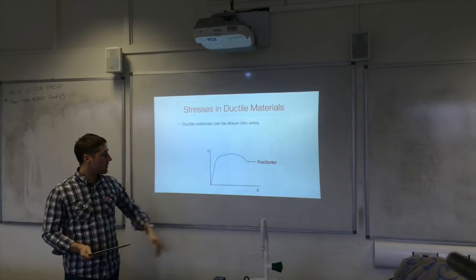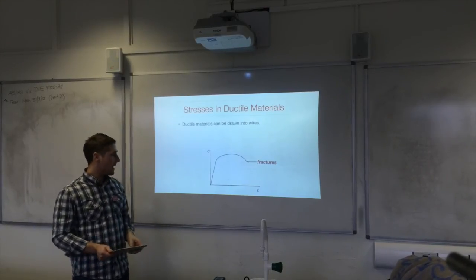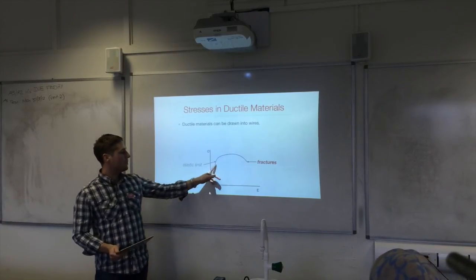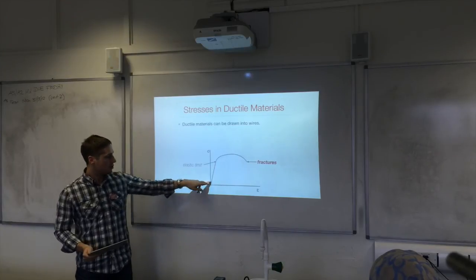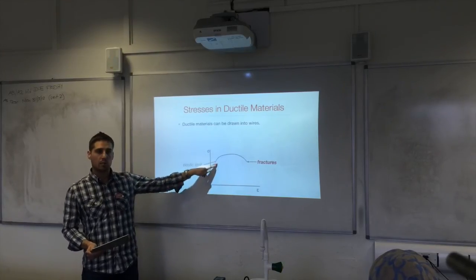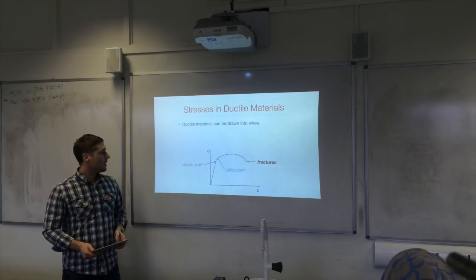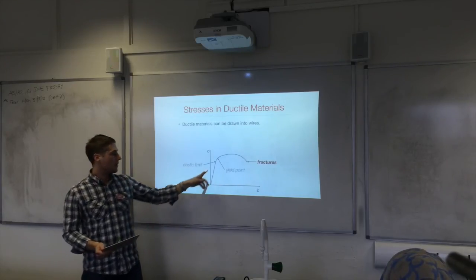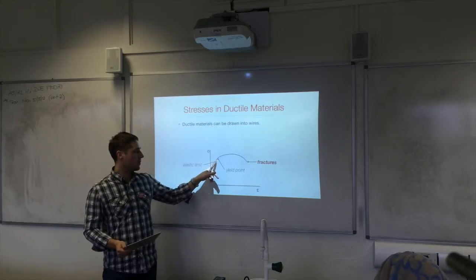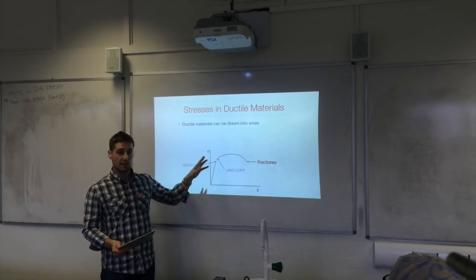Ductile materials exhibit an elastic behaviour up to the elastic limit. So we've got a straight line here, and that's where you would determine the Young modulus for your material. There's a yield point, so until the yield point, the gradient is still fairly high, so it's still quite stiff.